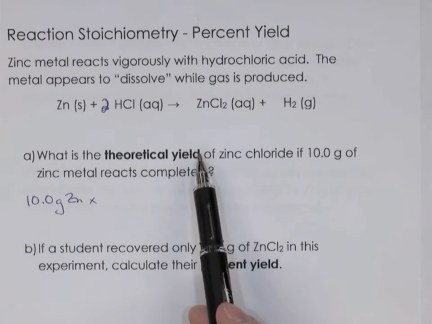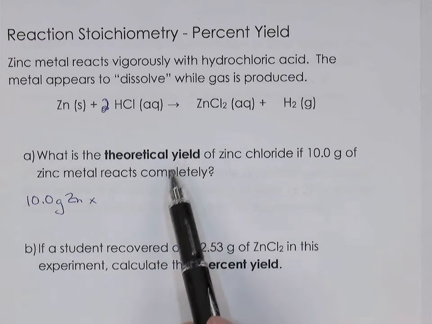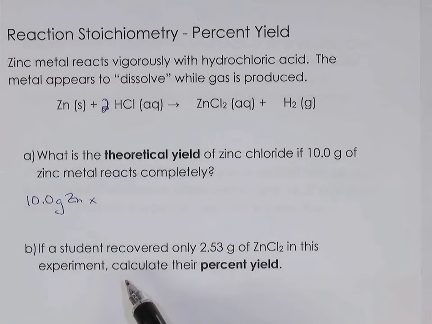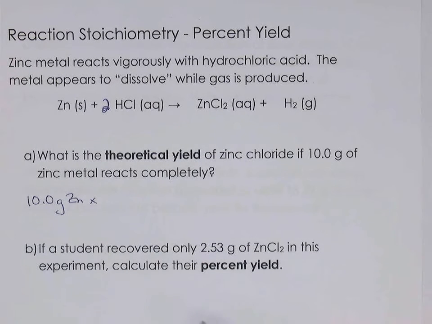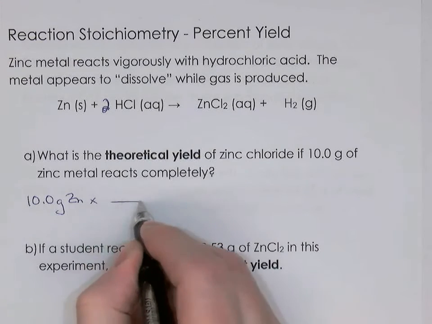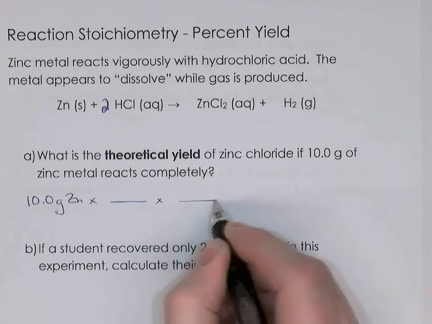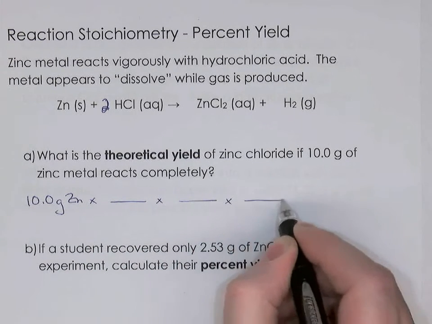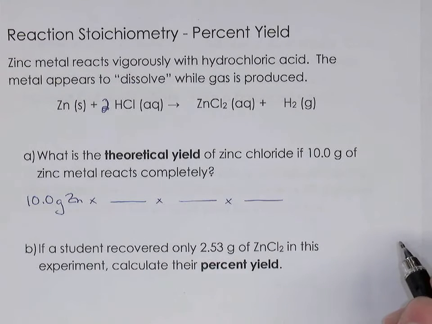If a gas is involved, you might express it in liters at STP, something like that. Since the next part of the question talks about grams of zinc chloride, I'm going to perform the same kind of calculation here. So with 3 unit multipliers, we'll convert to the grams of zinc chloride that we can produce.